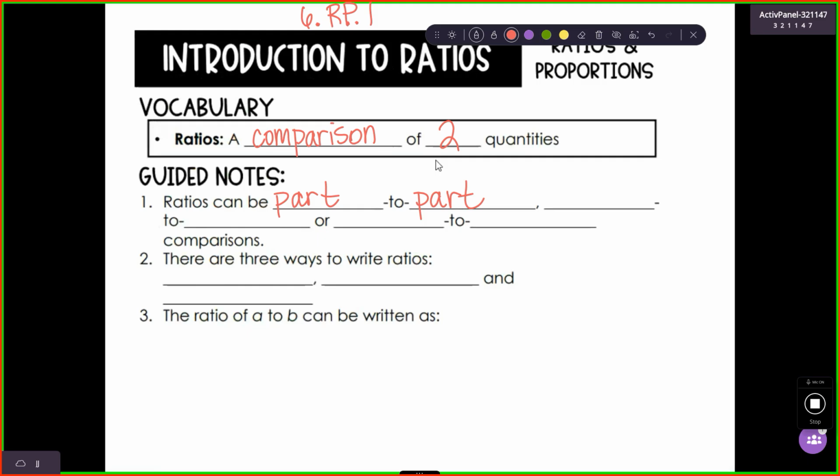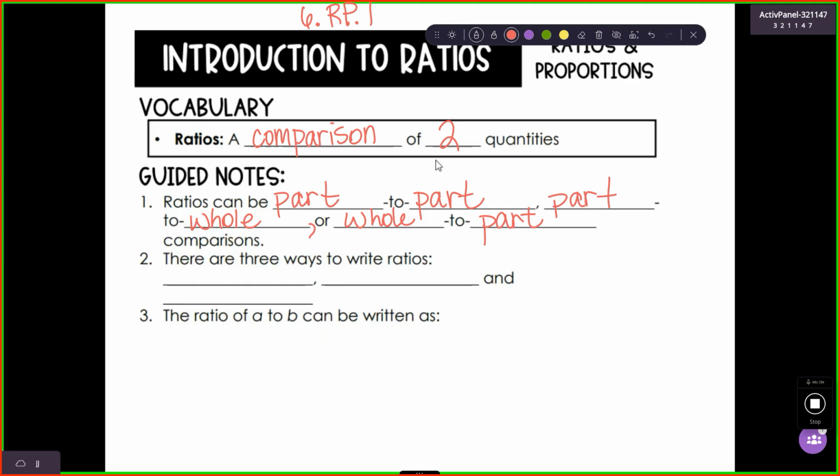Then they can be part to whole, or, and we need to put a comma here, or they can be whole to part. And I know that's a little confusing right now, because do we even know what we're talking about yet? No, just write it down. Get it? Got it? Okay.